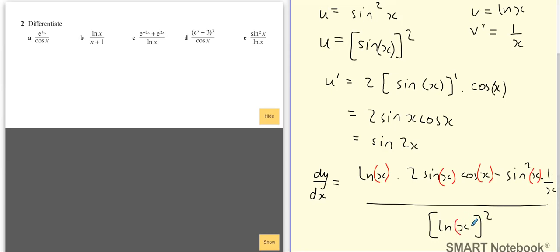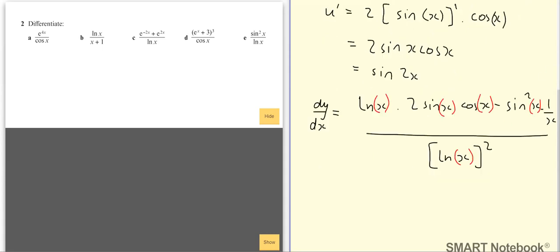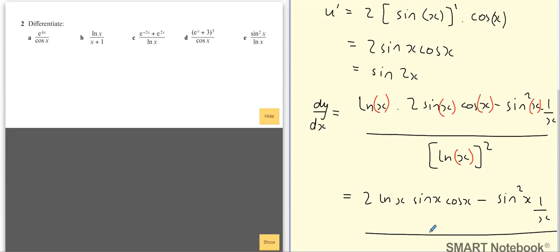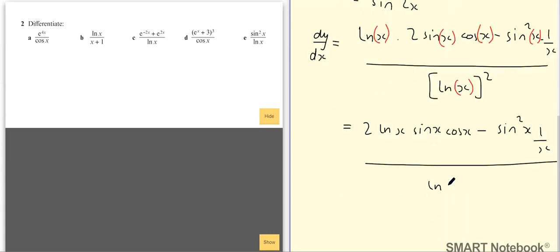Okay, and this again, ln is a function, so these brackets won't change basically. And so can I write this in a simpler format? Maybe I could write 2 ln x sine x cos x minus sine squared x 1 over x all over ln x all squared.